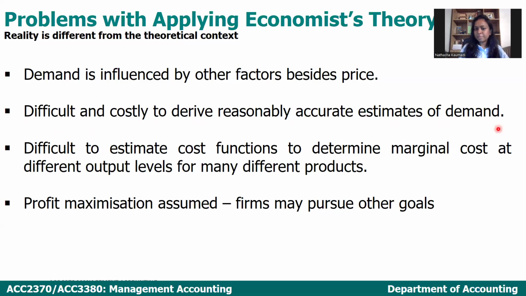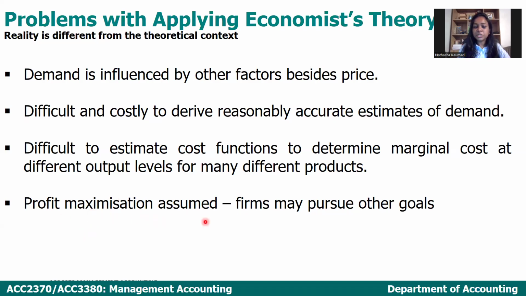So you have to estimate the demand when you are making that calculation. So it's difficult and costly to estimate the demand. That is another problem. Third one, difficult to estimate cost functions to determine marginal cost at different output levels for many different products. If you have different products, it's very difficult to estimate the cost functions of each and every product. That is another problem.